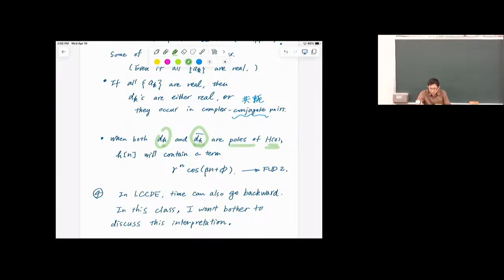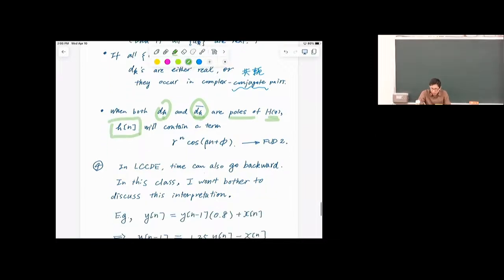Then it turns out that the impulse response may well contain a term that looks like this: r to the nth power times cosine of a frequency times time index n plus a phase shift. And this is part of our homework number 3. Check it out.